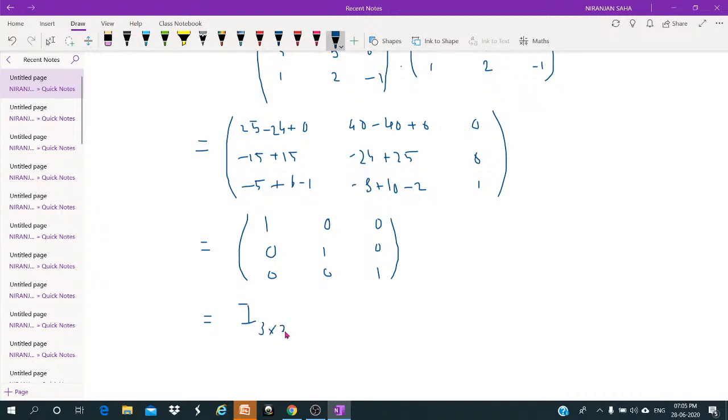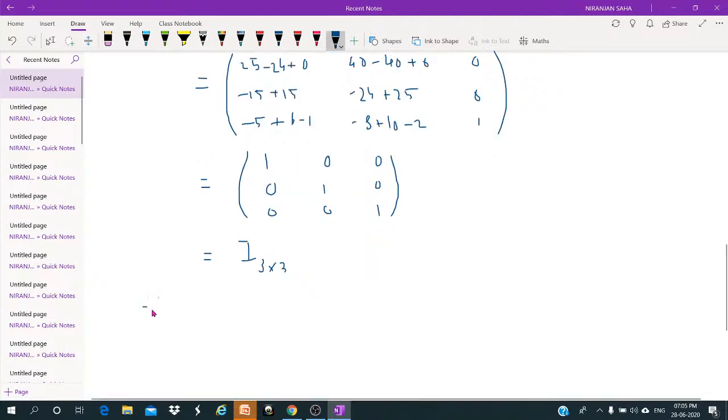So if any matrix square is equal to the identity matrix, then the matrix must be involutory. So the given matrix is involutory.